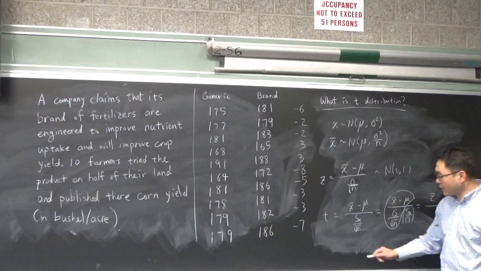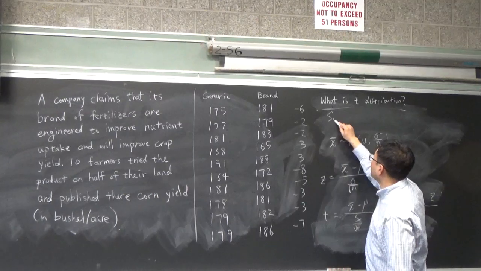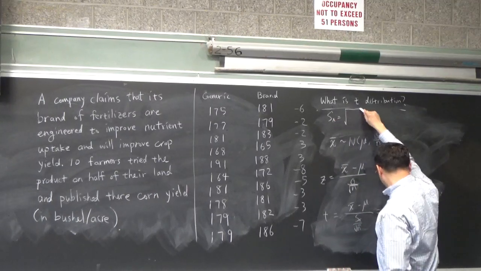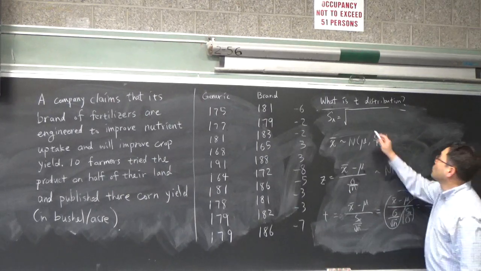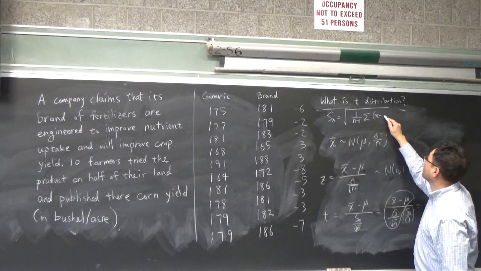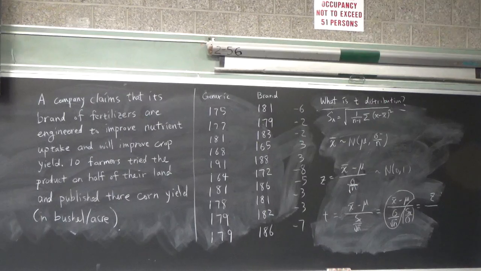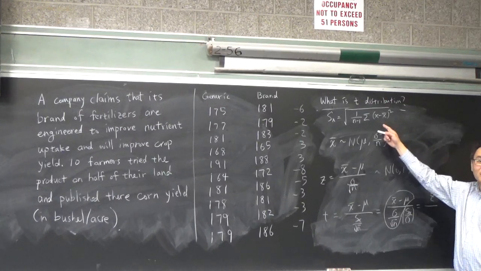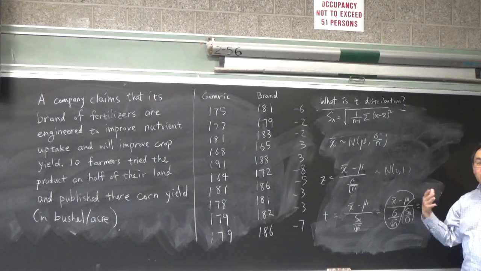And if you think about what Sx is, Sx by definition is the square root of 1 over n minus 1 summation of x minus x bar squared. Right? And that just screams chi-squared. Because what is chi-squared? It's the square of the normal distribution.